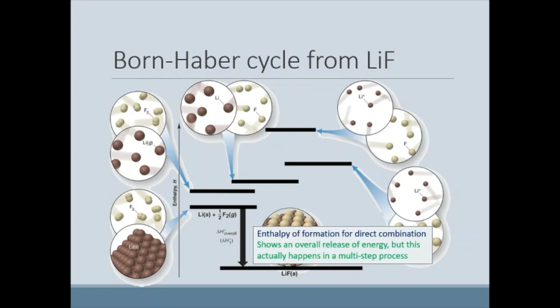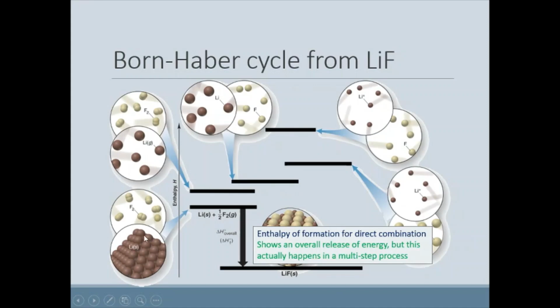But according to my last couple of slides, this doesn't happen in a one-step process, especially if you're an electron bouncing all over the place. So this first gap, going from this first bar up to this second bar, is whenever we take our lithium solid. Please note, every single one of these atoms has an atom sitting next to it.